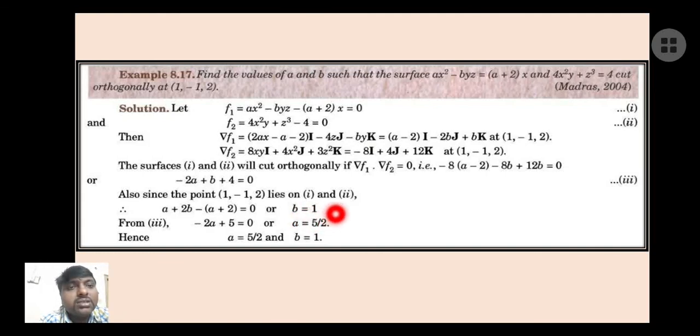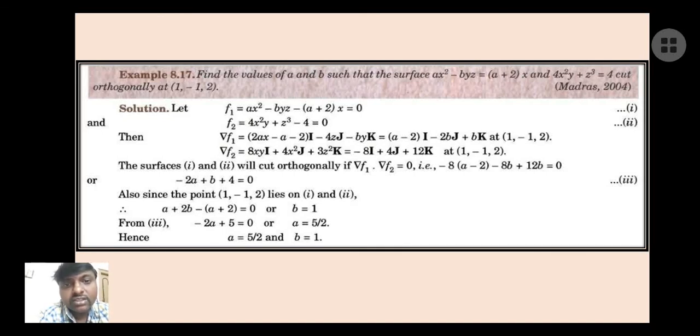Now I replace b is equal to 1 in the above existing equation. Then I am getting a is equal to 5 by 2. Hence a is equal to 5 by 2 and b is equal to 1. This is the way we can calculate the unknown terms a and b. In this problem, I use the property that if the surfaces cut orthogonally, then the angle between the two surfaces is 90.